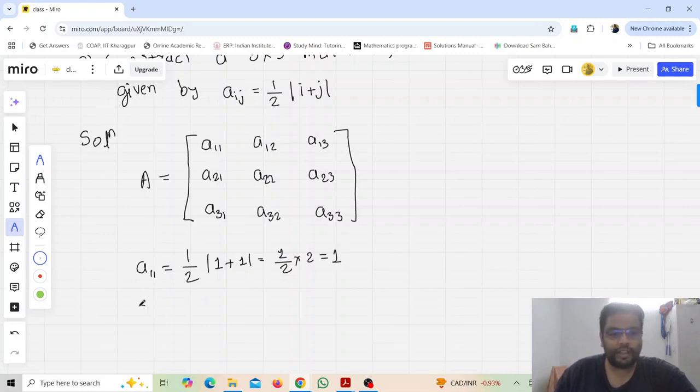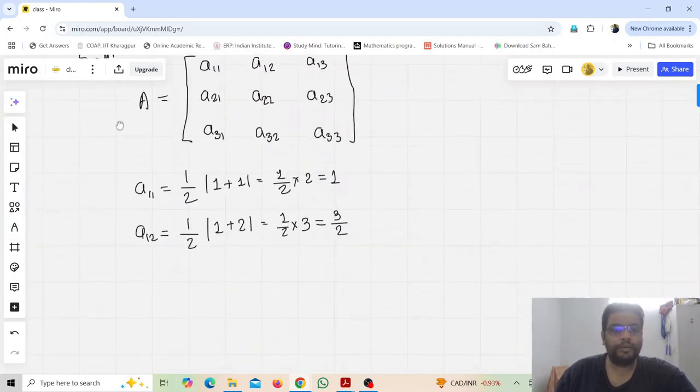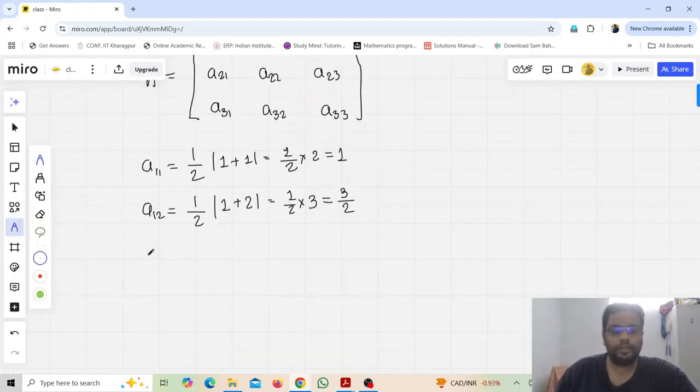Same way, can we find A12? 1 by 2 of, now i is equal to 1 and j is equal to 2. So I have 1 by 2 times 3, which will give me 3 by 2. And the next term, A13, again same idea, 1 by 2 times i is equal to 1, j is equal to 3.